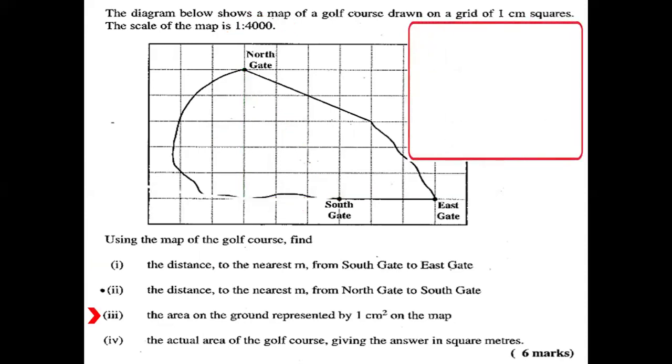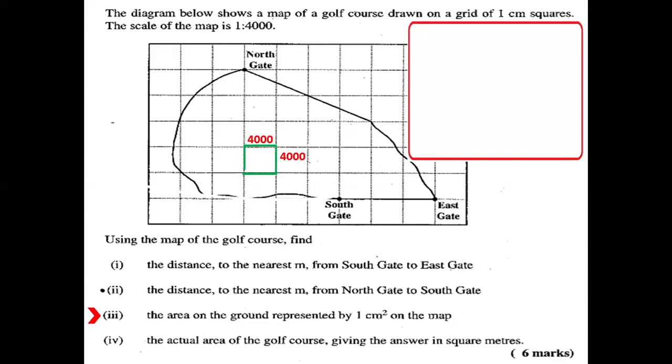All right, on to our third part of the question. The area on the ground represented by 1 centimeter square on the map. Now we're talking about one little box, a 1 centimeter square box. Now, on the ground, 4,000 is the length on land for 1 centimeter.